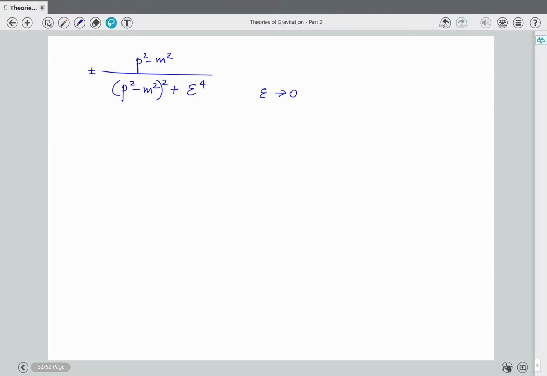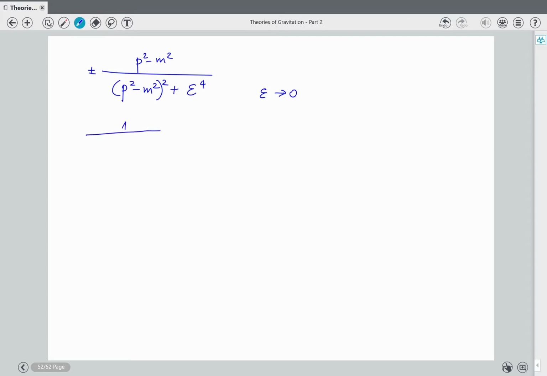So at the classical level, we have this kind of propagator with the limit epsilon going to 0. This can be seen as the sum of Feynman and anti-Feynman, and it is also the average of retarded and advanced. Why?